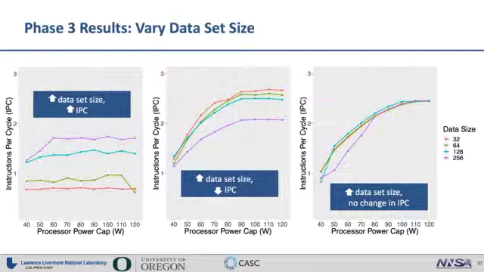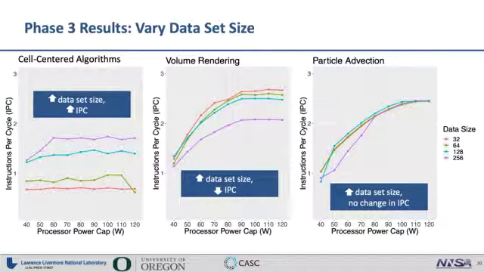So our first category of algorithms saw an increase in instructions per cycle as the data set size increased from 32 cubed to 256 cubed. So for these algorithms, they became more compute intensive as their instructions per cycle increased, as the data set size increased.